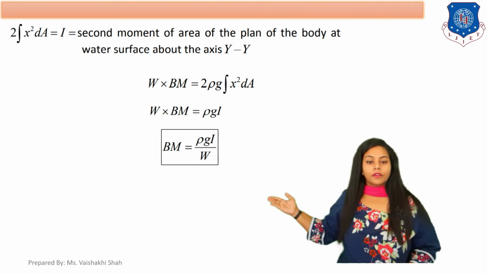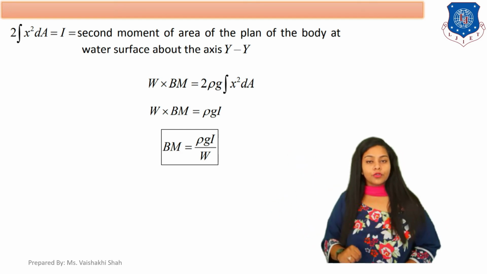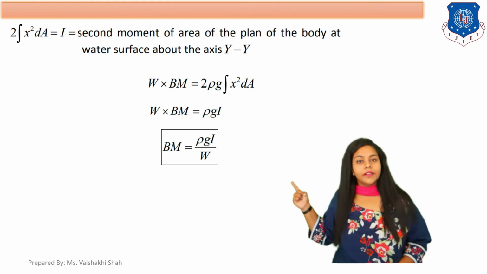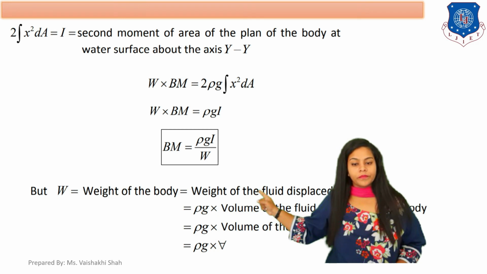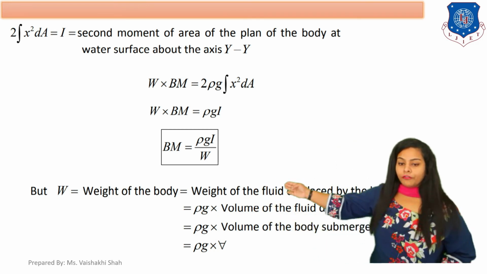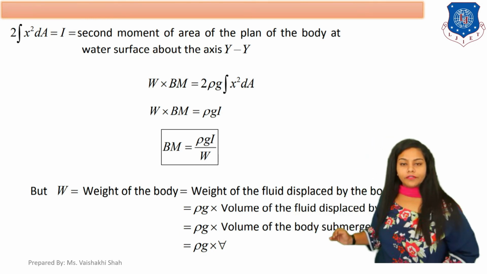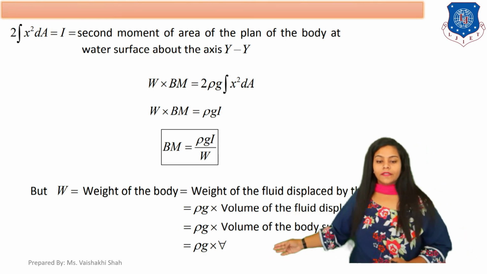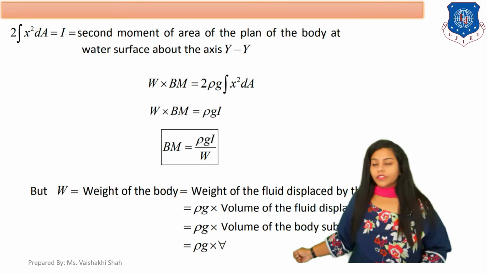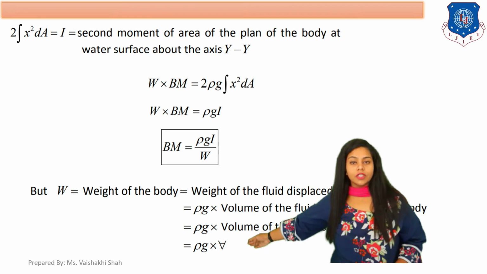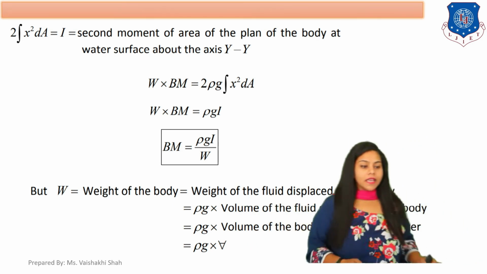If you make Bm the subject, then Bm equals rho g I divided by W. Now W is the weight of the body, and the equation for W is rho Vg, where V is the volume of the fluid displaced by the body.